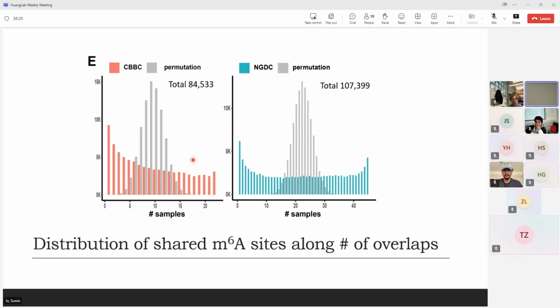So what we see here is that the high number of samples overlapped across the entire samples in each data set is a very unique distribution. We compared these two distributions, the data set and the background distribution.